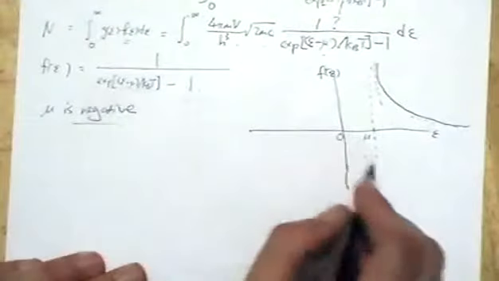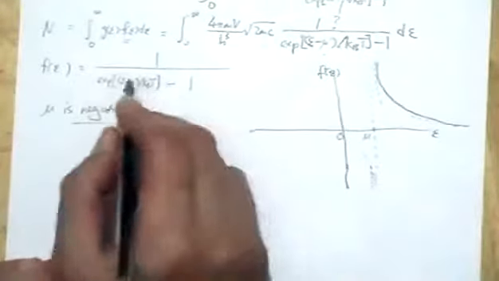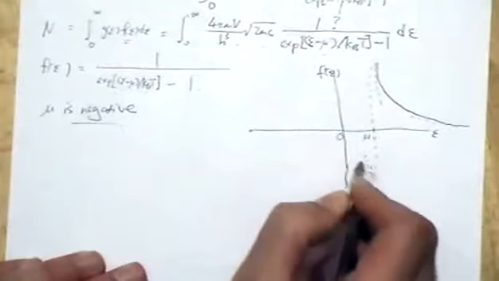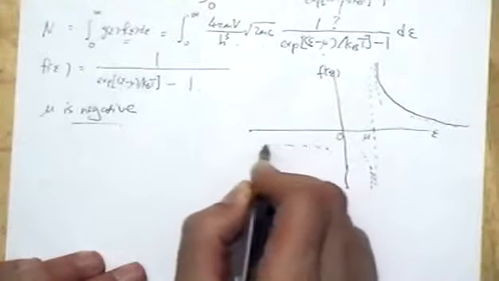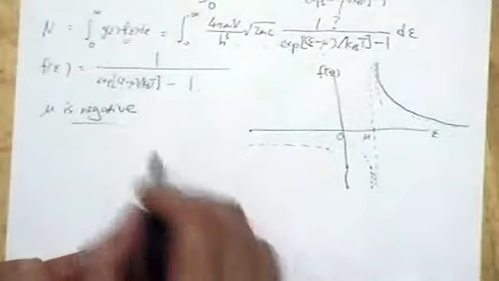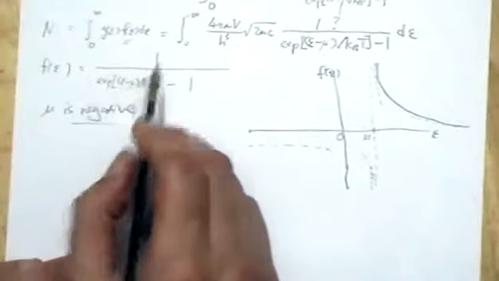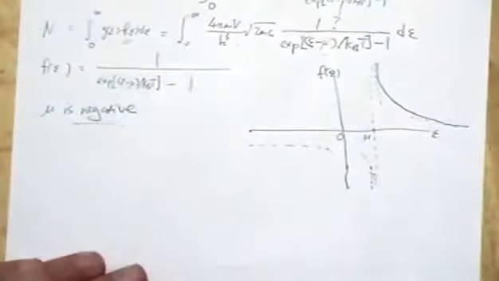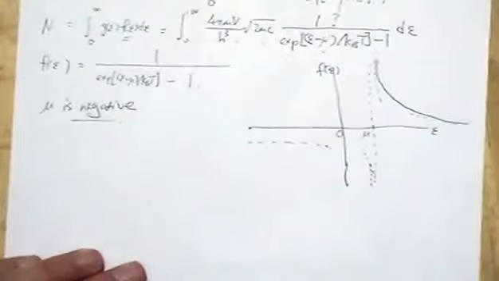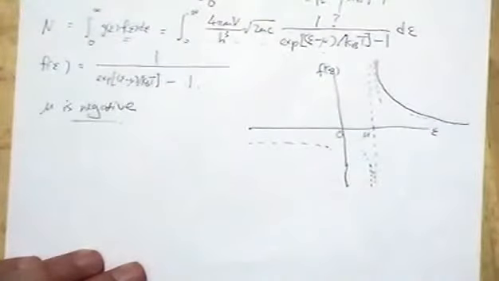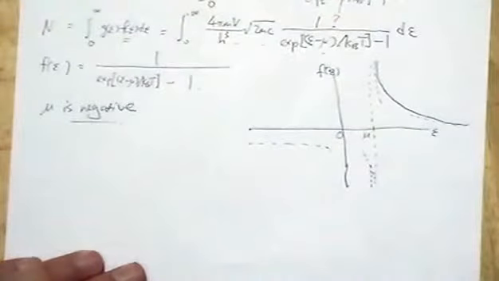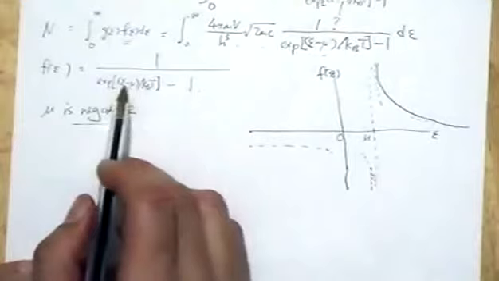But as E tends towards minus infinity, this would get closer and closer to 0, so you get 1 over minus 1. Is that right?